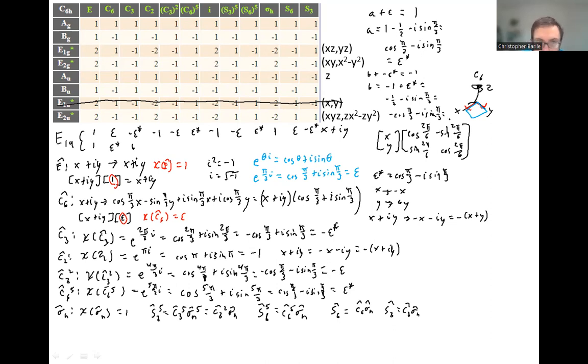And that's just equal to the negative of epsilon. So if you look at what epsilon is, it's right here, it's just a negative of those values. So that feeds in right here.